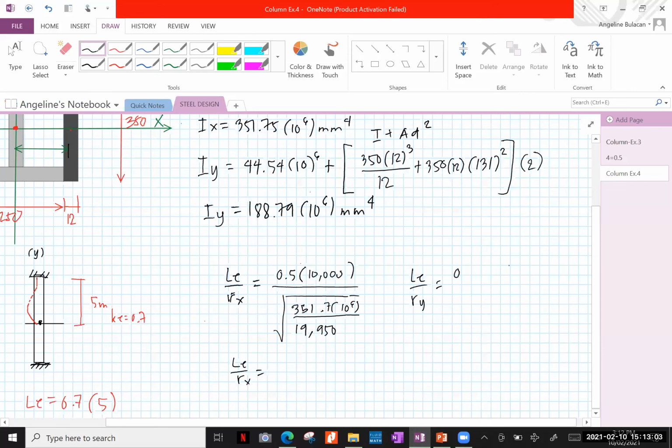So, 5,000 all over square root of, copy nyo yung IY, 188.79 all over area, 19,950.